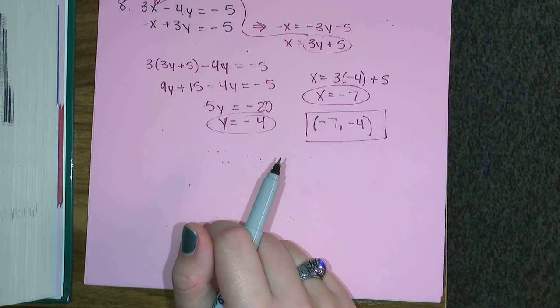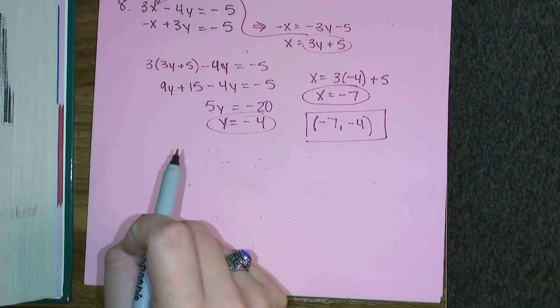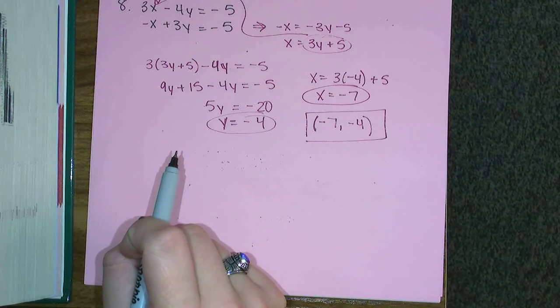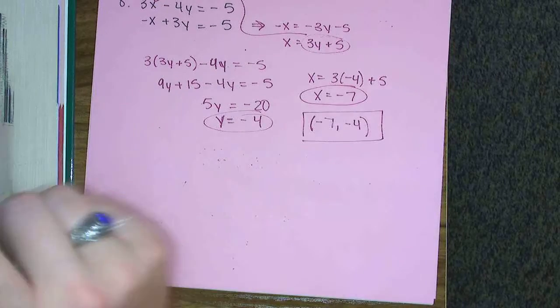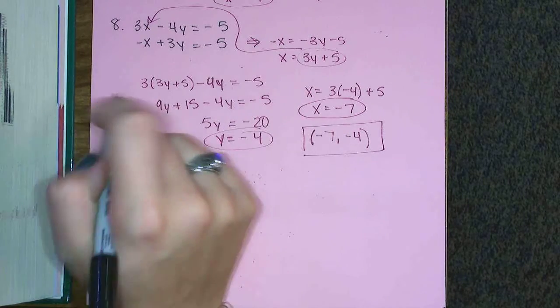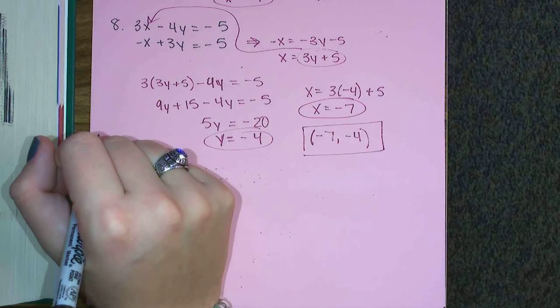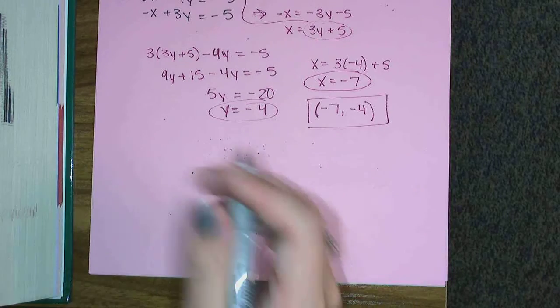If you want to check it, you can always plug it back in and check it, but I'm not going to require you to do that. Just make sure you use one of the original ones, don't use your modified one. Just in case you made a mistake over here, use one of the original ones, because that'll show you if you did or not.